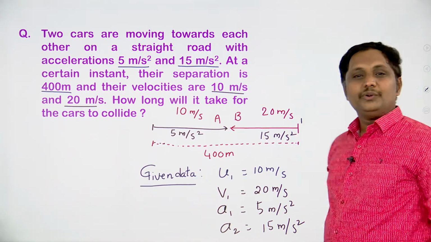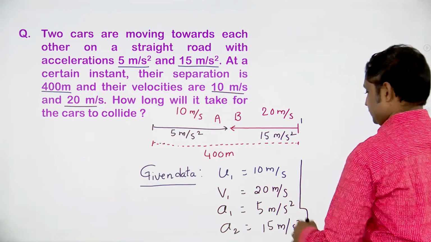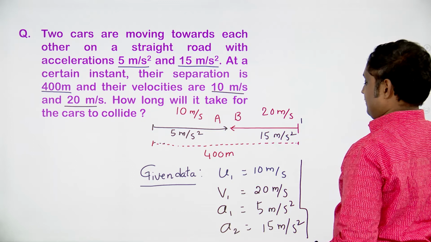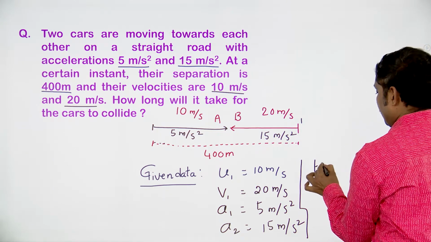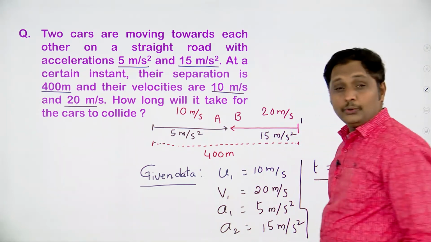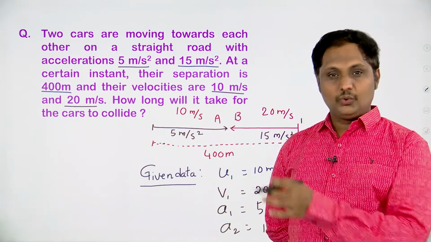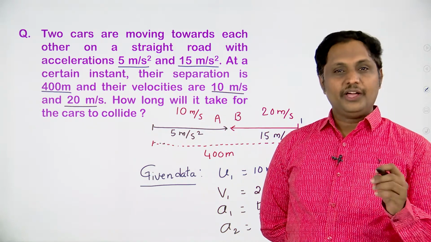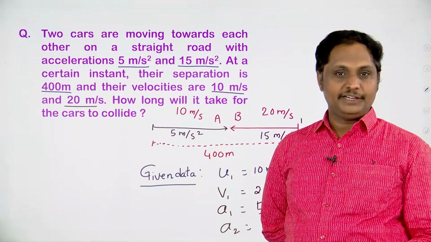Now if you are going to get this, T, how much time will they take, if the two cars are going to meet at one point, they have to cover the distance of 400 meters.